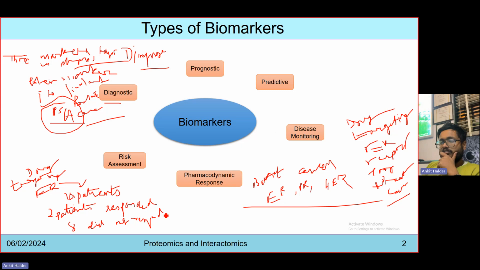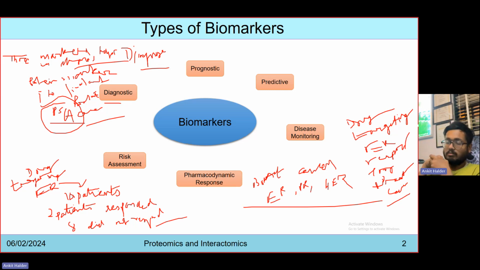So now the question comes whether that particular drug is effective or not, whether it is working or not. But the problem is that we haven't considered the others. Some patients express the PR receptor, someone has the HER2 receptor, or someone shows no expression of these three markers.